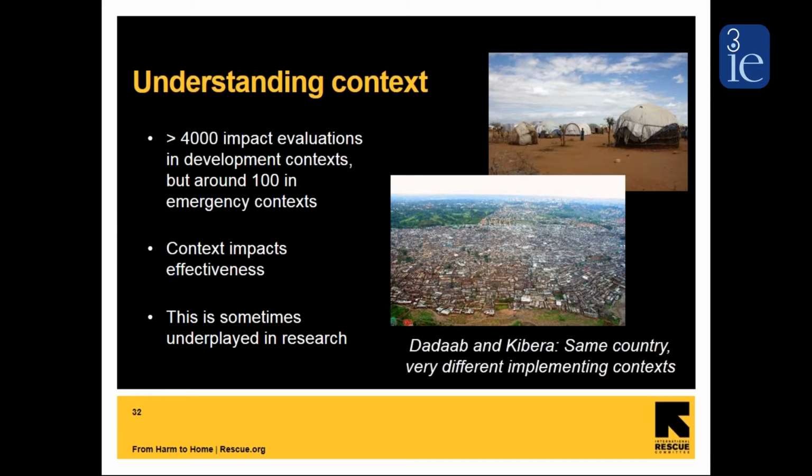Now, a lot of the most common evidence of impact isn't immediately applicable to us as a humanitarian organization, since it comes from stable development contexts. So we need to, and all of us need to, adapt evidence with an eye to the role of context. An impact evaluation in the stable development context might not apply in the first 3 months of a humanitarian emergency, in a refugee or IDP camp, or in a conflict-affected setting, and so on.